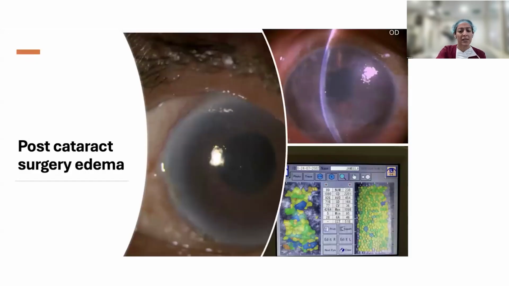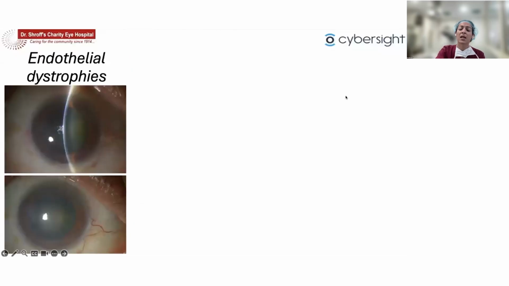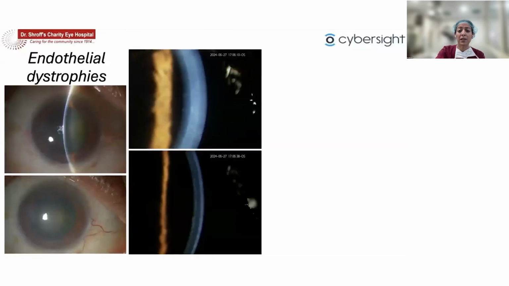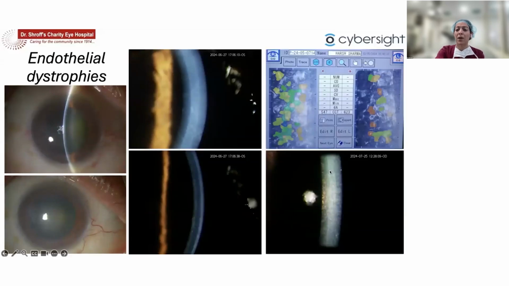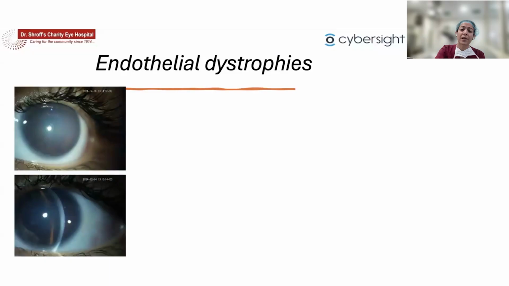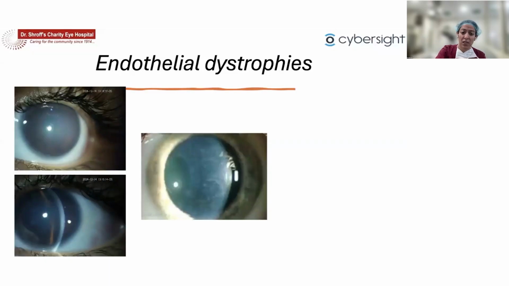Now let's look at the indications of endothelial keratoplasty. The most common is post-cataract surgery edema, which can be in the form of aphakic bullous keratopathy or pseudophakic bullous keratopathy. We commonly see Fuchs endothelial corneal dystrophy, where you can see these typical guttae on specular microscopy. Other endothelial dystrophies like CHED or PPMD are also common indications of a DSAEK.